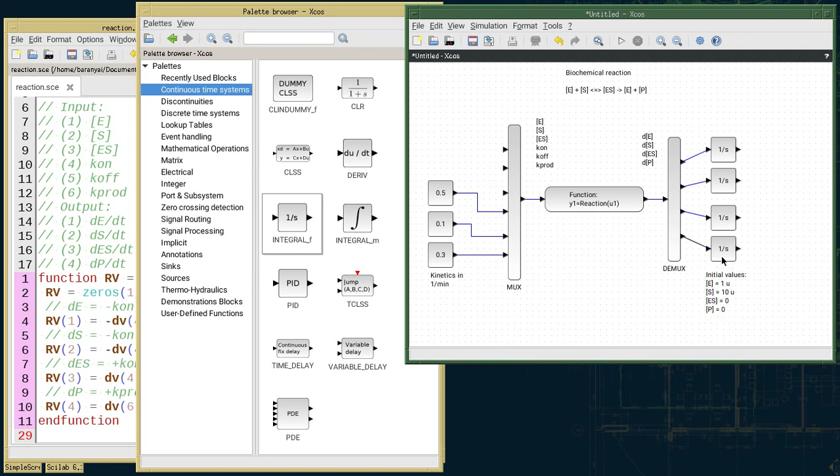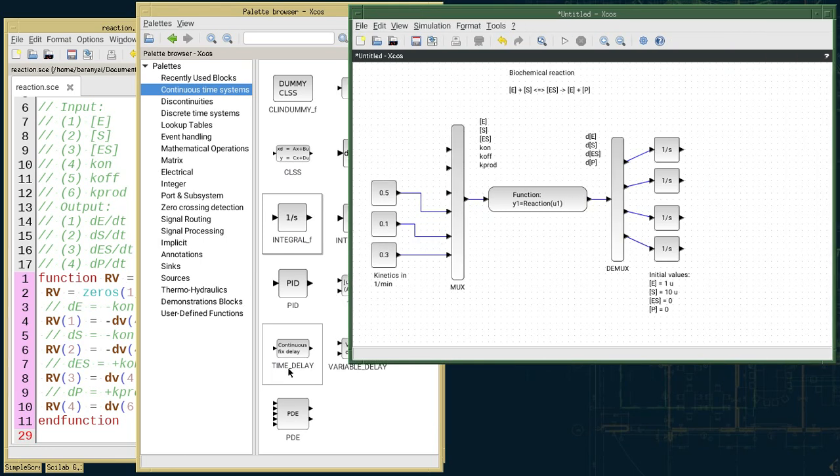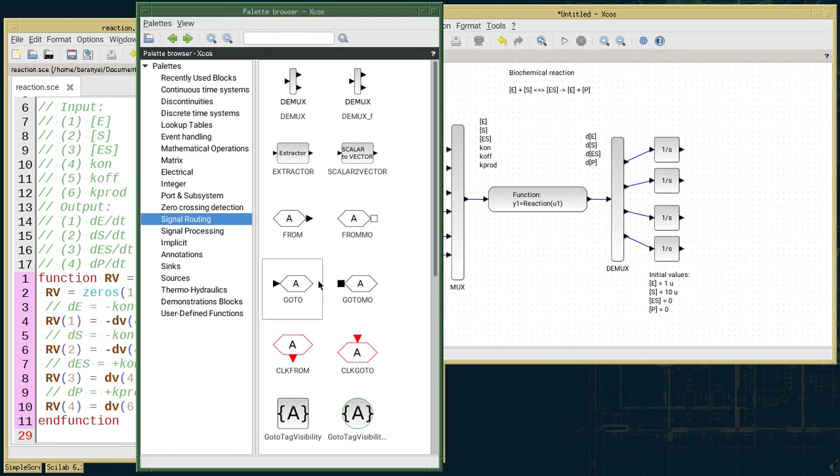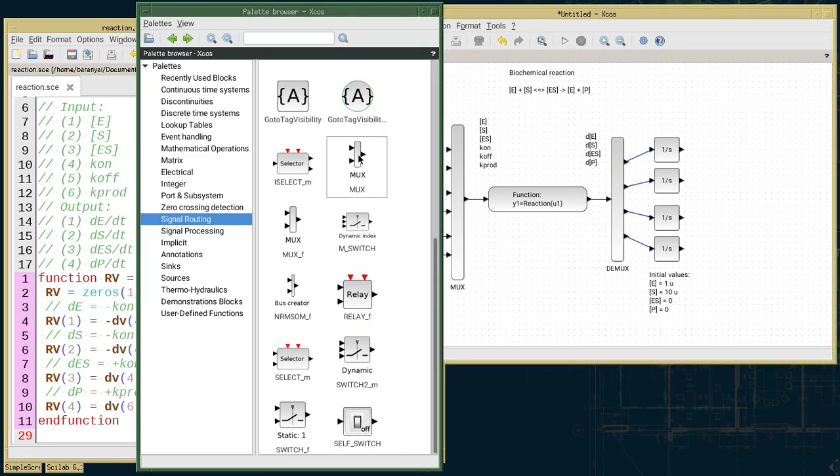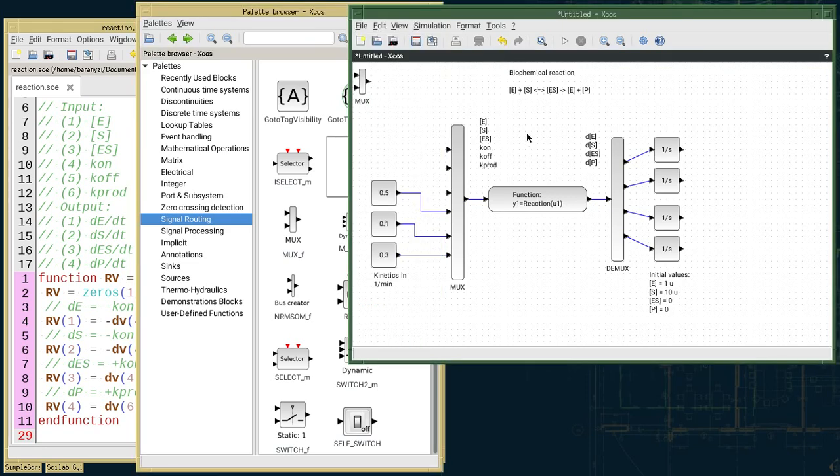So we have the 4 calculated values, and finally I would like to show them in one figure. It would be nice to see them all together. So I will make it bigger a little bit. Again, signal routing, I will collect all together into one figure. So with a multiplexer again, I have to collect all.